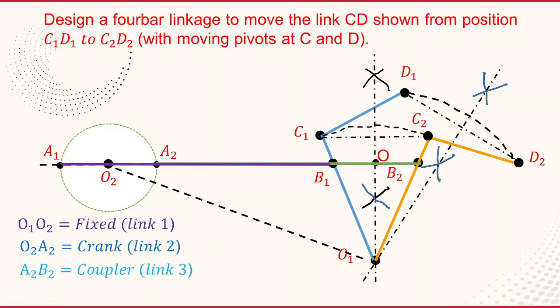A2 B2 or A1 B1 is the coupler, link number 3. O1 C1 D1 or O1 C2 D2 is the rocker, link number 4. These four links are used to construct this mechanism. So this is the required design of the 4-bar linkage to move the link CD from C1 D1 to C2 D2. I hope you understand this problem.